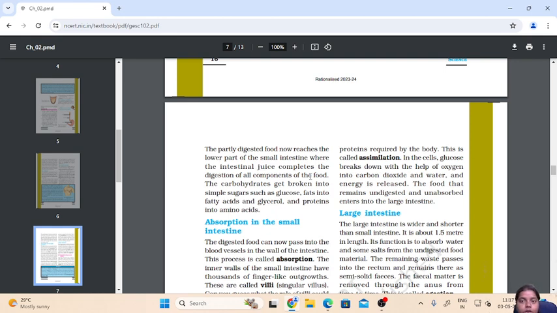The carbohydrates that we take in the form of rice or anything get broken down into simple sugars such as glucose, fats into fatty acids and glycerol, and proteins into amino acids, with the help of the juices secreted by the small intestine.